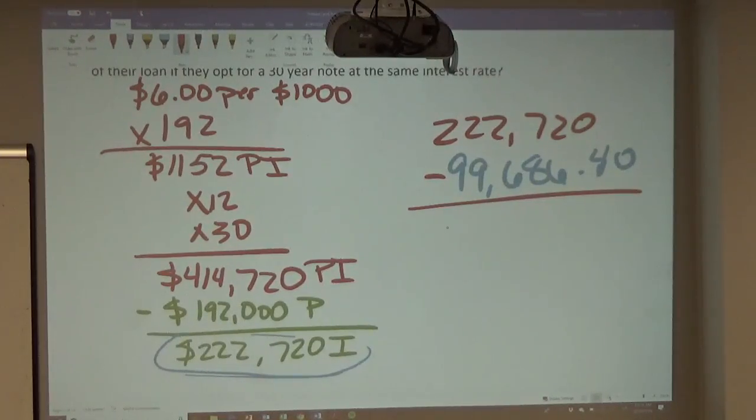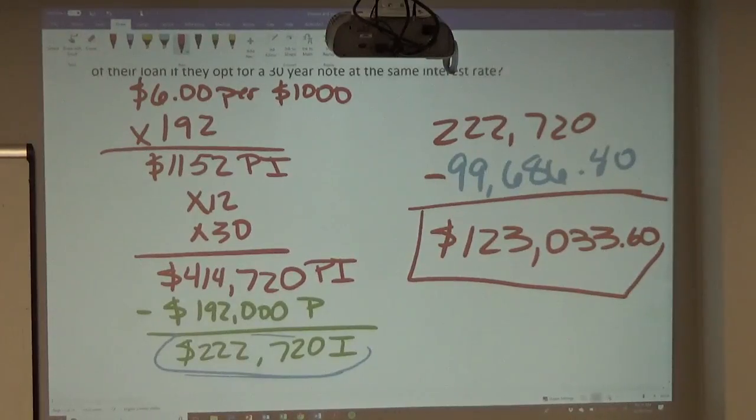That's an additional $123,033.60 in interest. $123,033.60 in additional interest is paid on that loan.